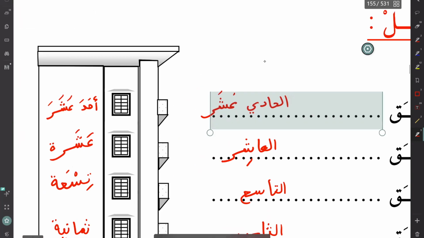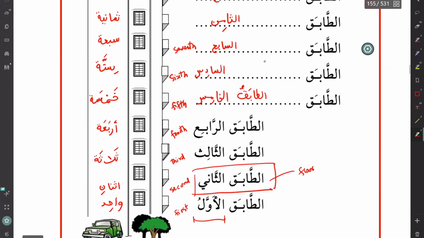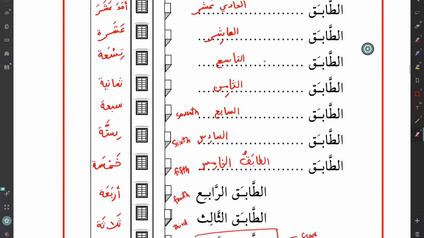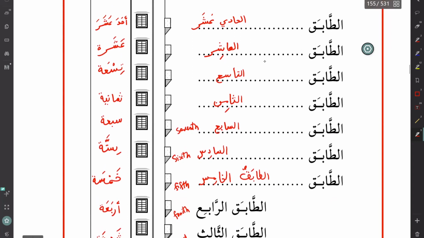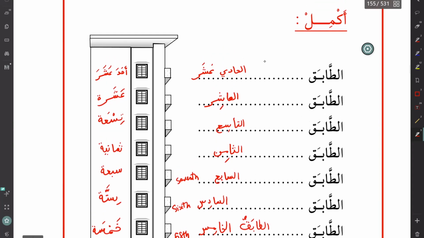So let's read them. So you have al-awwal is the first, al-thani second, al-thalith third, al-rabi' fourth, al-khamis fifth, al-sadis sixth, al-sabi' seventh, al-thamin eighth, al-tasi' is the ninth, and al-ashir is 10th, and hadi ashara is 11th.